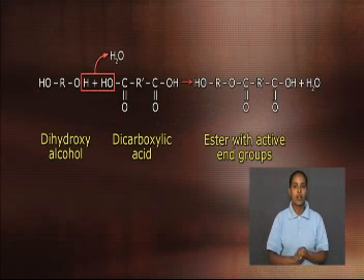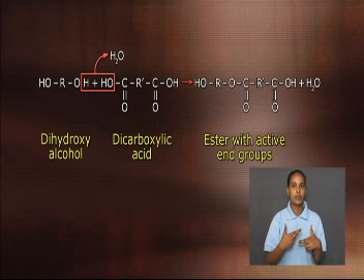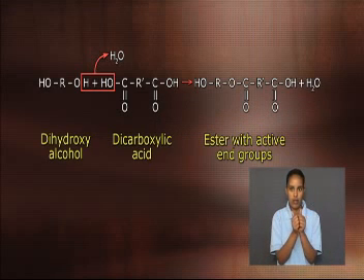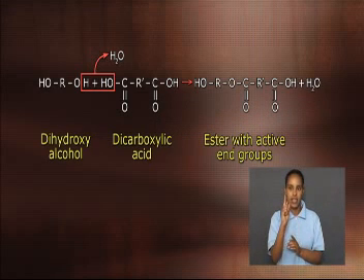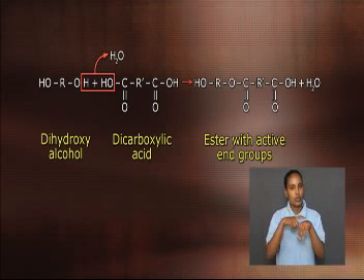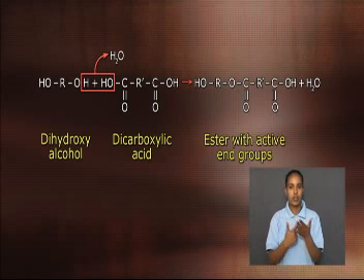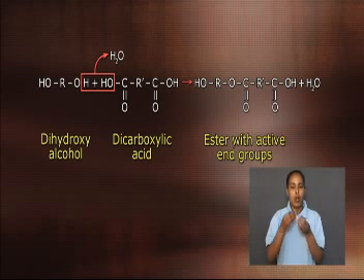A condensation reaction is a chemical reaction in which two molecules combine to form a single molecule. During this process, they each lose a small molecule. Often, it is a water molecule that is lost. Thus, it is known as a dehydration reaction.